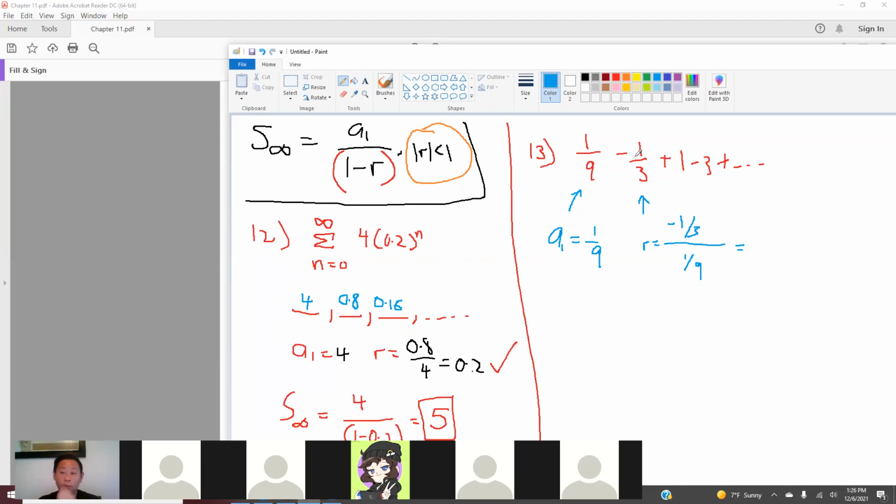So you take negative 1/3 divided by 1/9. And again, class, parenthesize this. This is for your calculator purposes. So what you get here.